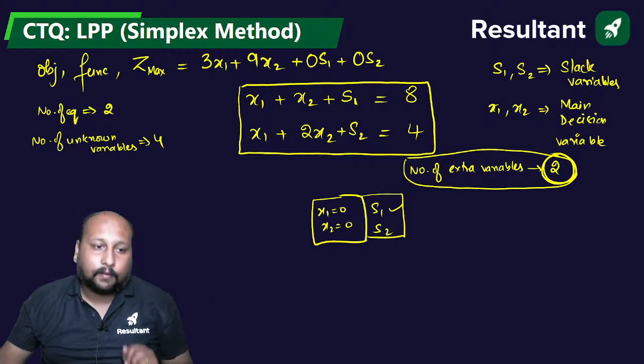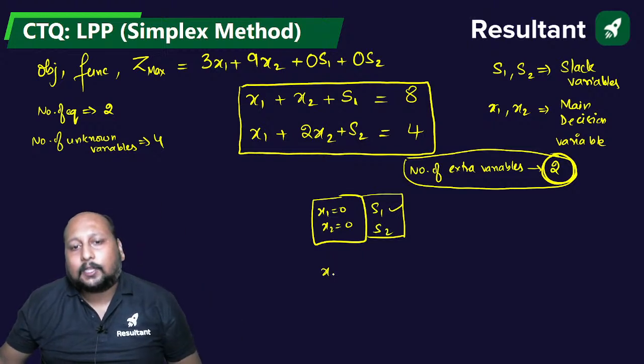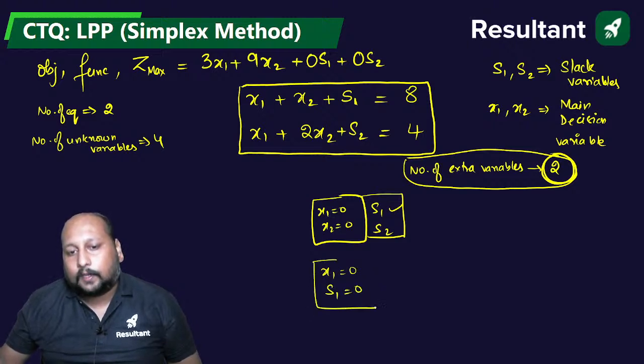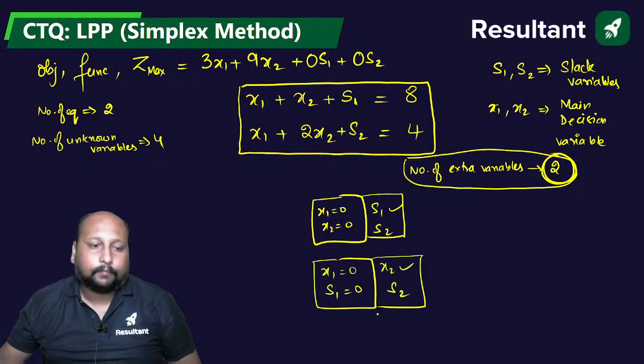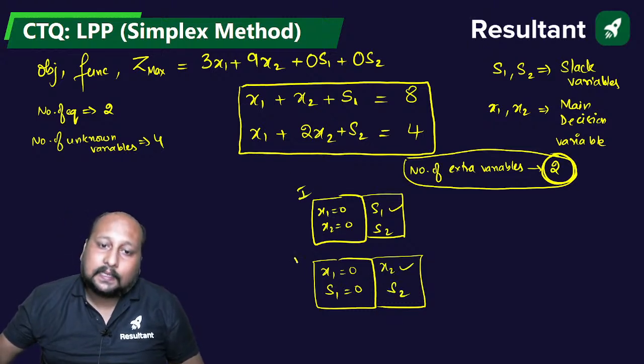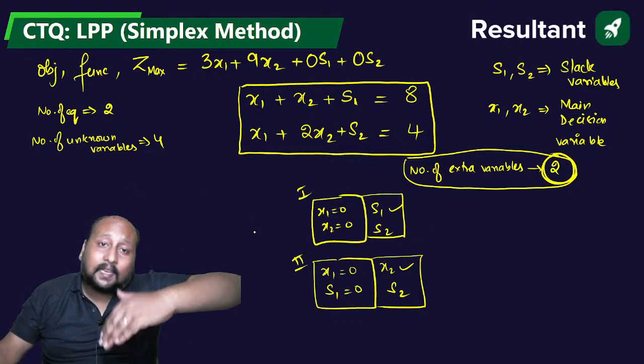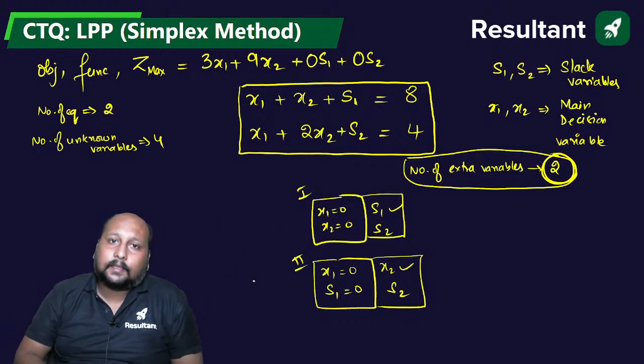This is one possible way. The second possible way is x1 equal to 0 and s1 equal to 0, and you can calculate x2 and s2. So can you tell me in how many ways I can get the solution? This is simple mathematics.